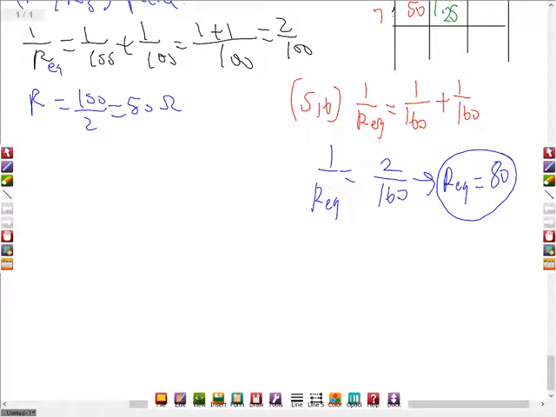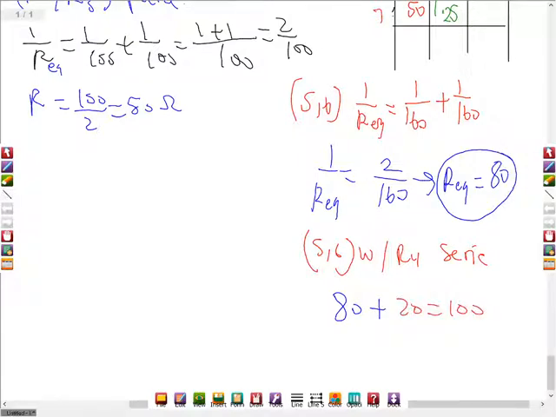So 80 plus 20 is 100. I can tell you how my circuit would be. I'm going to simplify my circuit to be like this.